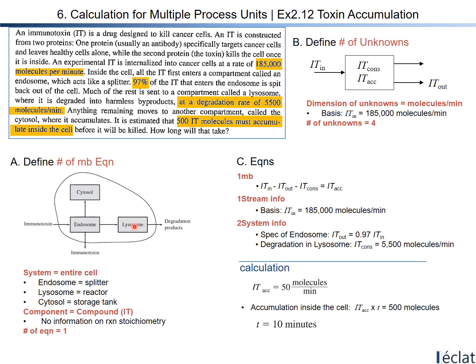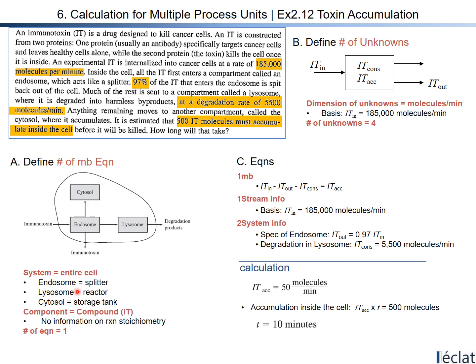So in this case, I'd like to take this whole process as a single system. So the system is the entire cell, and the endosome is like a splitter, the lysosome functions like a reactor, and the cytosol could be considered as a storage tank.